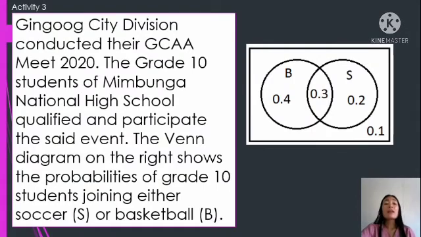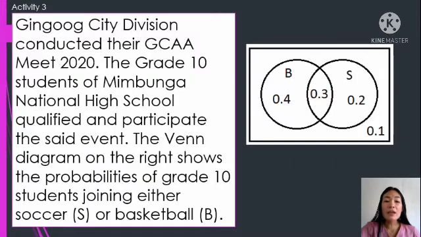Okay, let's have another activity. Are you familiar with the GCCAA? Correct. So, Hingog City Division conducted their GCCA Meet 2020. The grade 10 students of Mimbunga National High School qualified and participated in the said event.